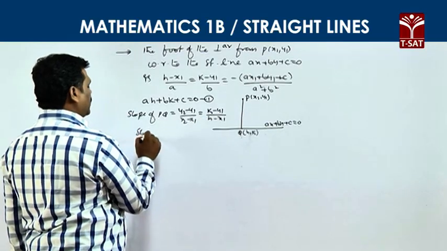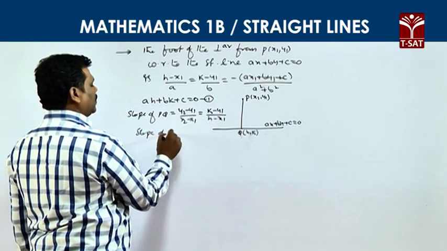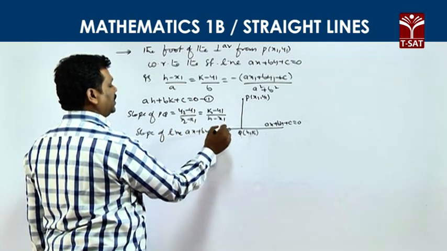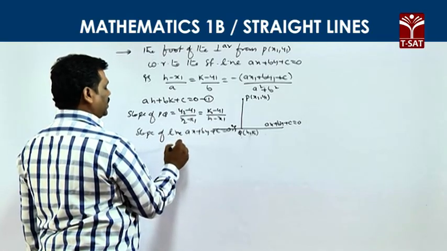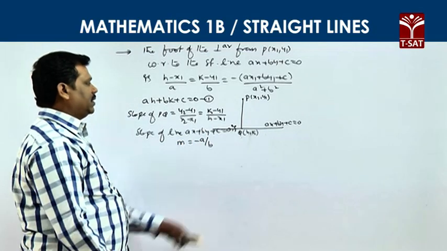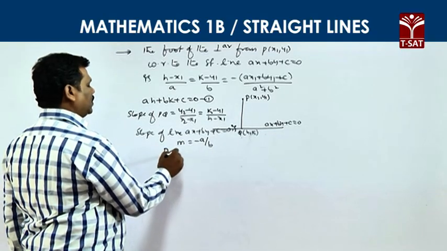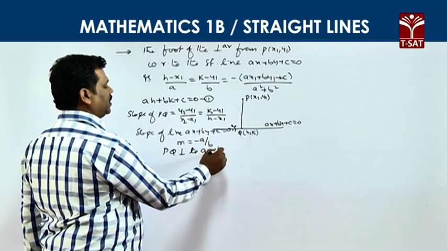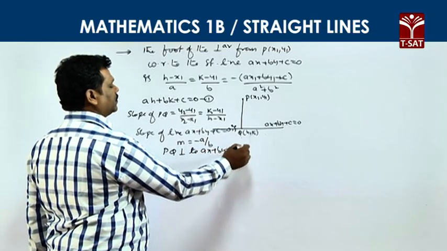And the slope of the line ax plus by plus c equal to 0 is m equal to minus a by b. So PQ is perpendicular to ax plus by plus c equal to 0.